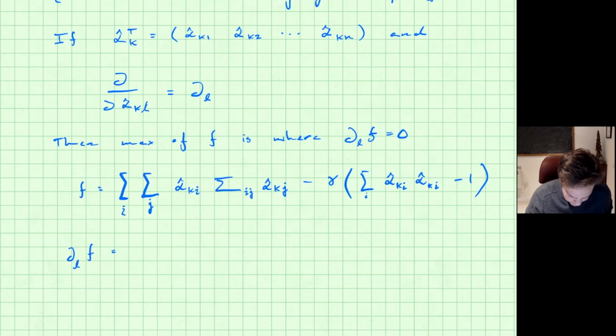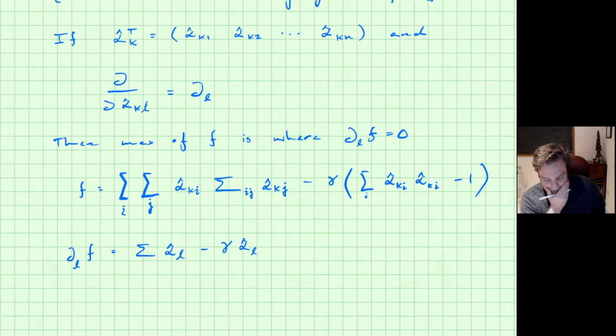And you can check this too, you should. It's the matrix sigma, and so I'm doing the derivatives and then putting it back into this compact matrix multiplication form. Alpha hat L minus gamma alpha hat L. Right, so that's what those derivatives look like.